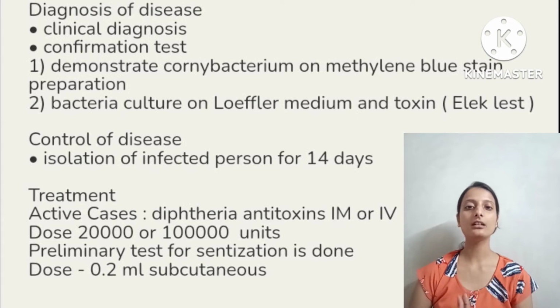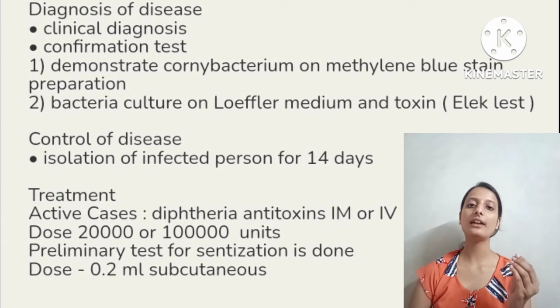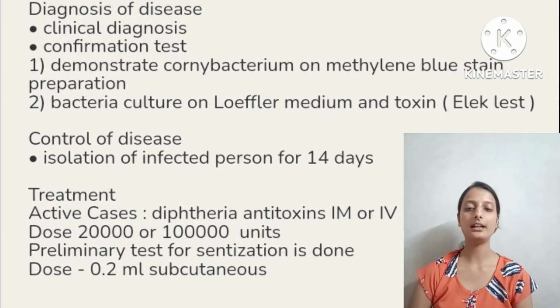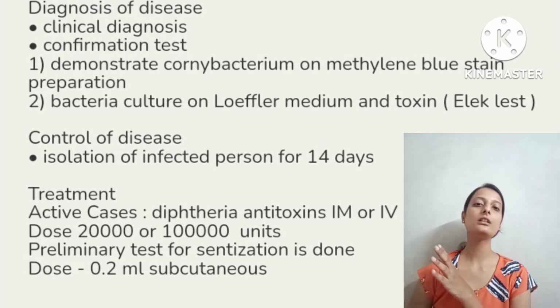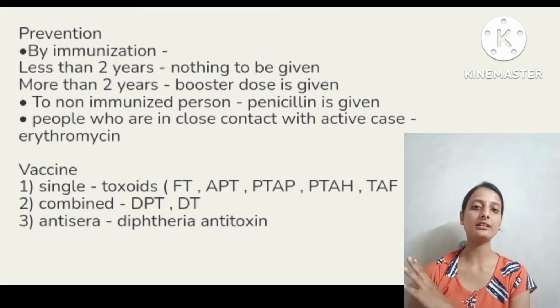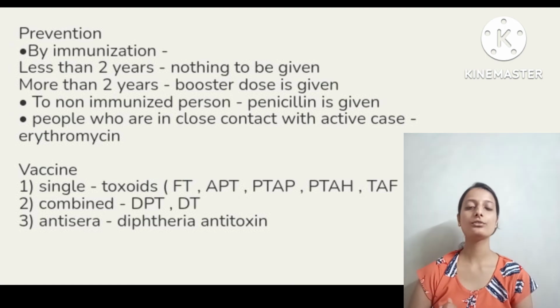And in the carrier, we can give erythromycin for 10 days. After they get the treatment, there are certain people who are not infected, so we have to prevent them. So we see the prevention.